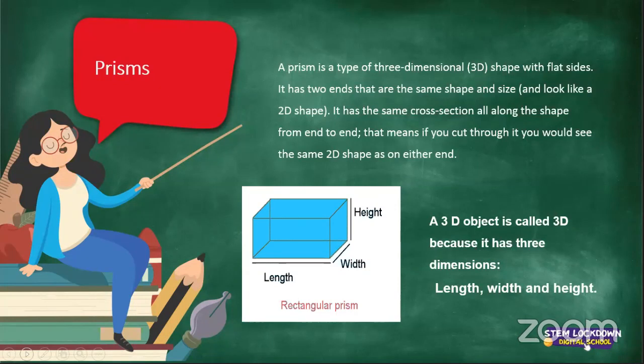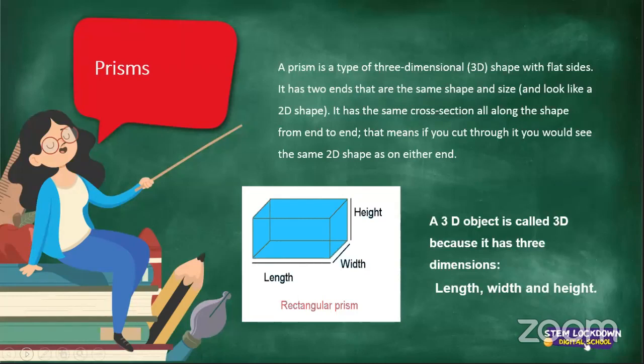It has two ends that are the same shape and size and look like a 2D shape. All right, so we're saying these two ends will look like a 2D shape. It has the same cross section all along the shape from end to end.